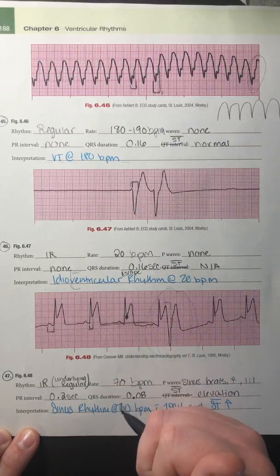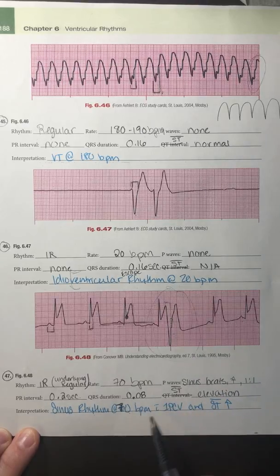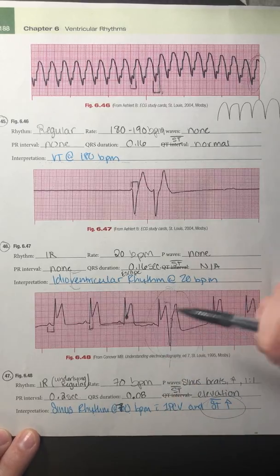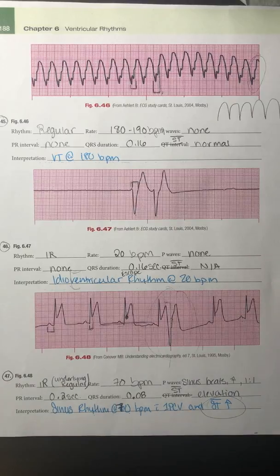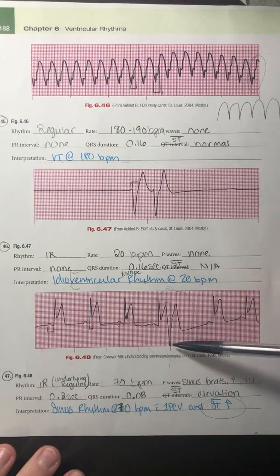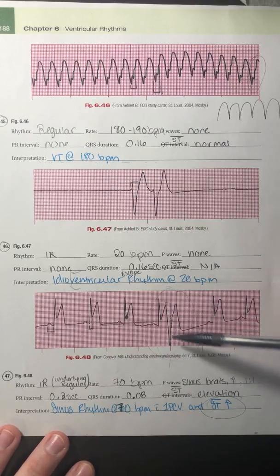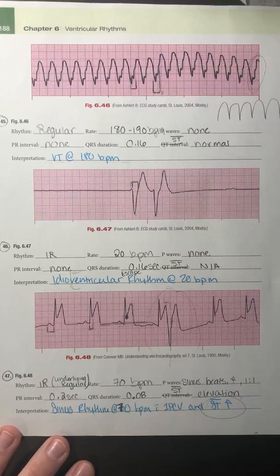Sorry, this should be 70 beats per minute. With 1 PVC and ST elevation. And it's definitely early. And remember we talked about earlier on the R on T phenomenon? I would definitely be worried about that happening here because this PVC happens right on that T wave. So this patient is definitely at risk for going into VFib.